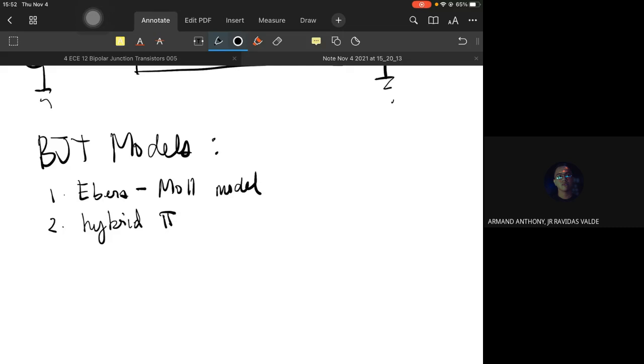Dili po nato ni gamiton because for very high frequency applications daw ni. Another one is the H parameter model. Karaan pod ni siya.